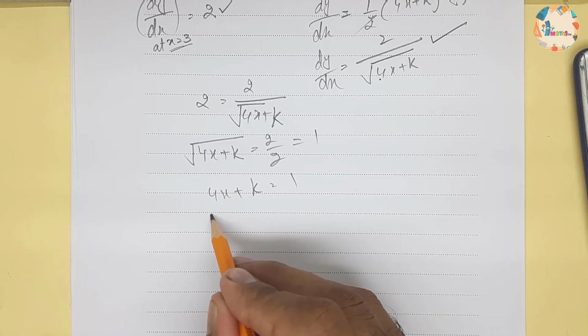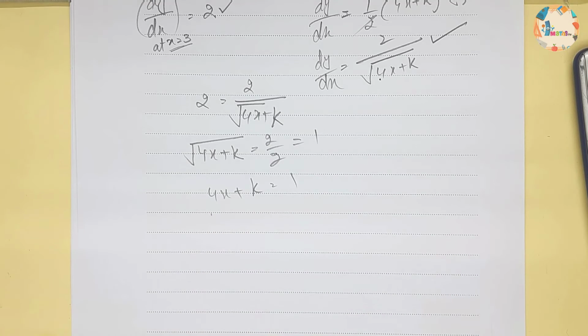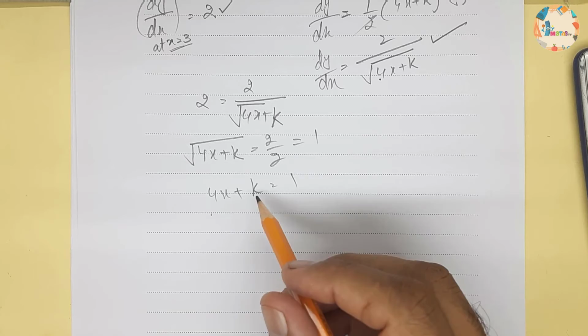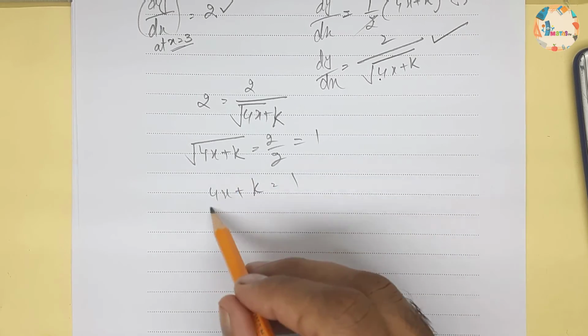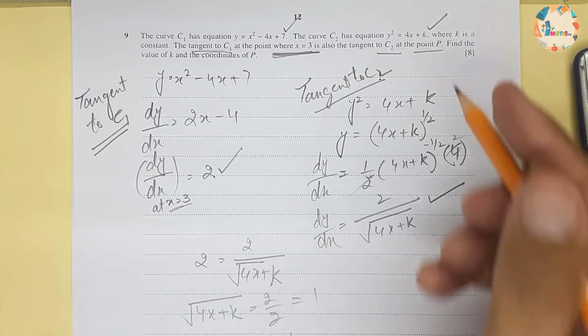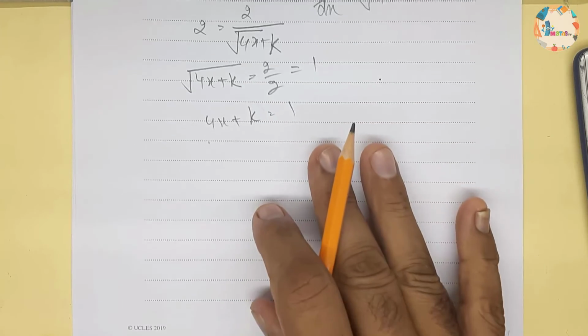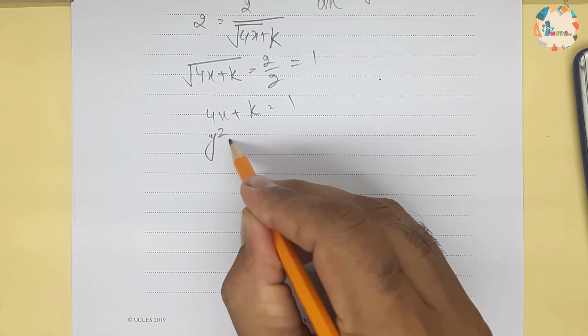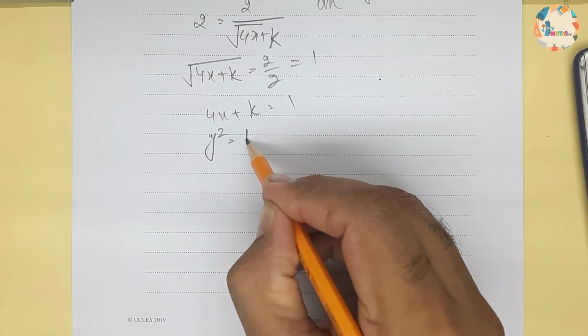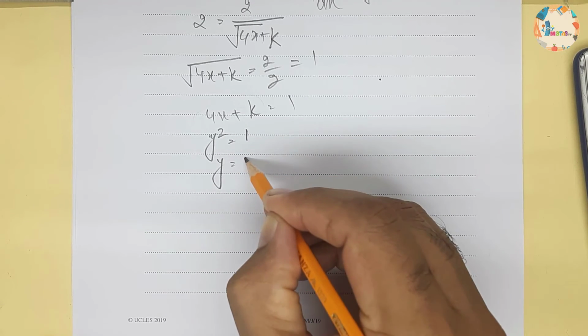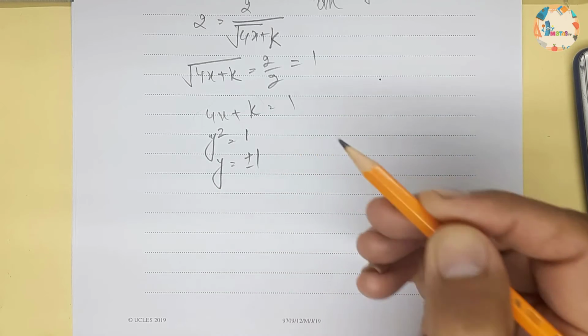So 4x + k is equal to 1. And what is 4x + k? This is basically the given equation, 4x + k is equal to y squared. So we can write y squared is equal to 1. It implies y is equal to plus minus 1.